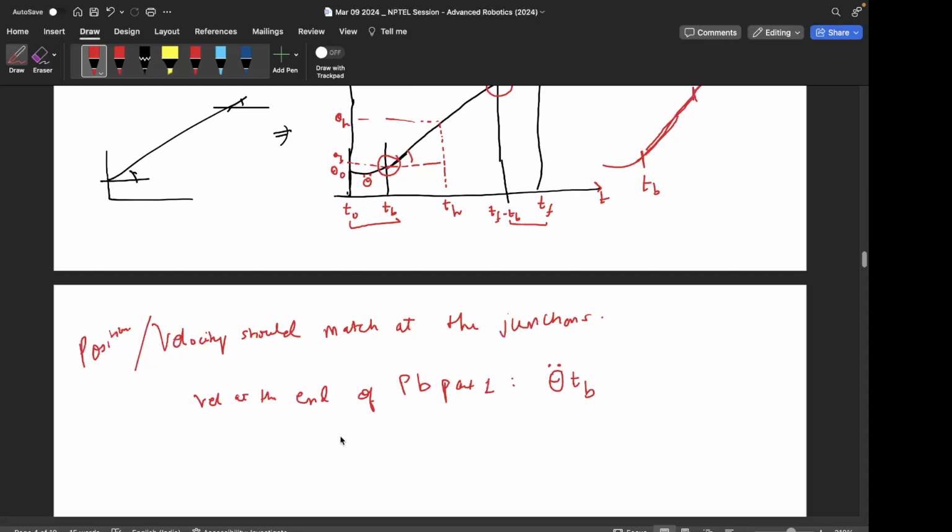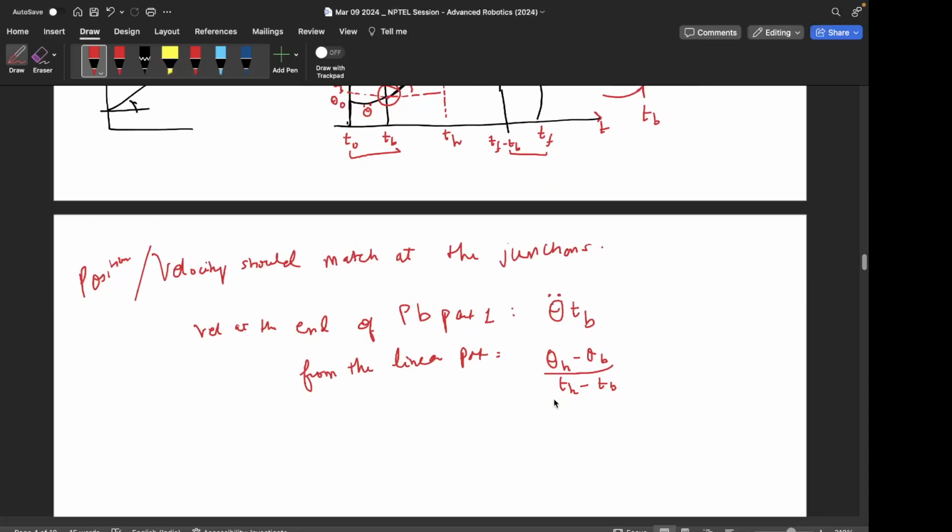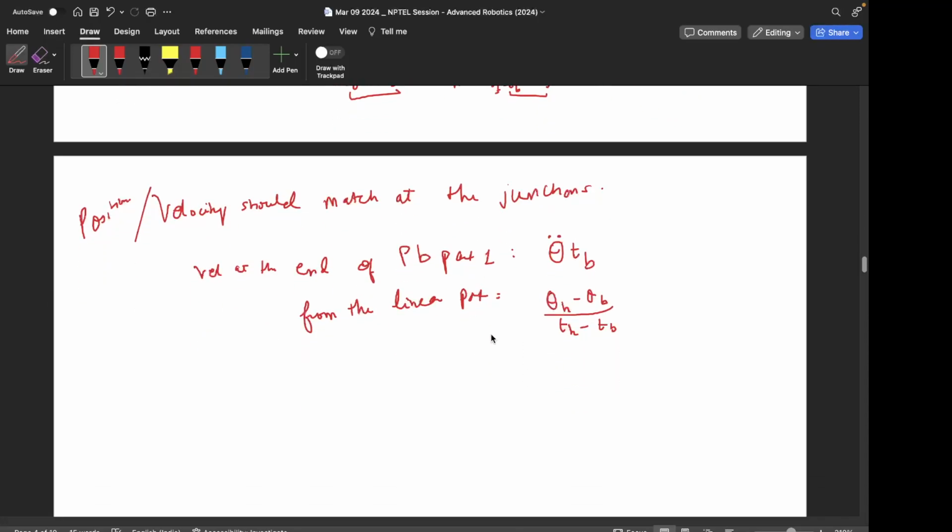So from the linear part it is theta h minus theta b by th minus tb. Okay, and these two should be equal.